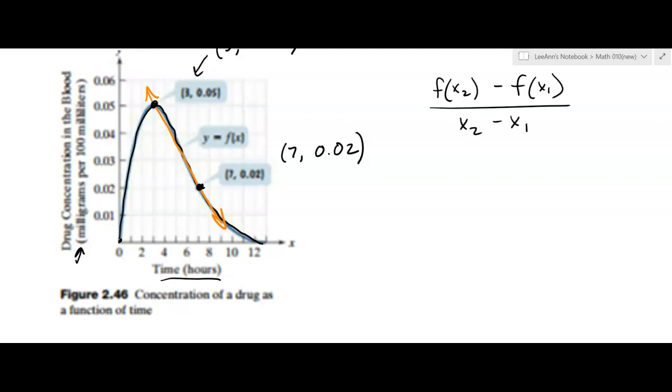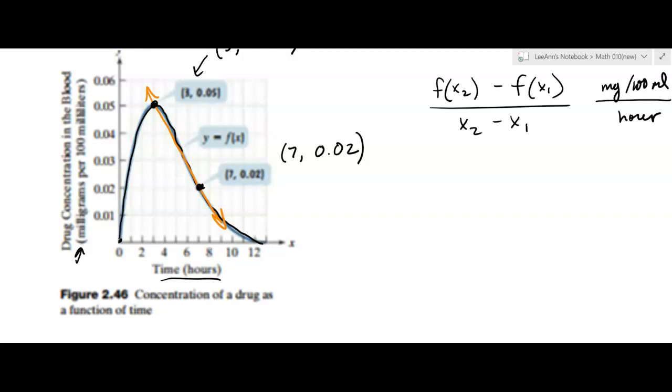And remember our units here. It's milligrams per 100 milliliters, and then this is per hour. So it's the change per hour between the hours of 3 and 7.